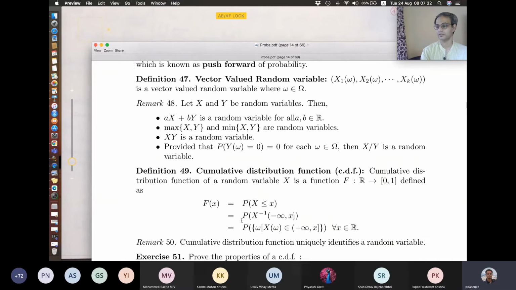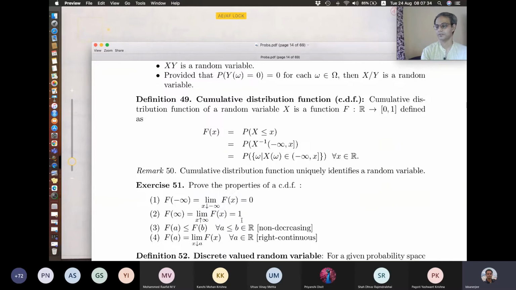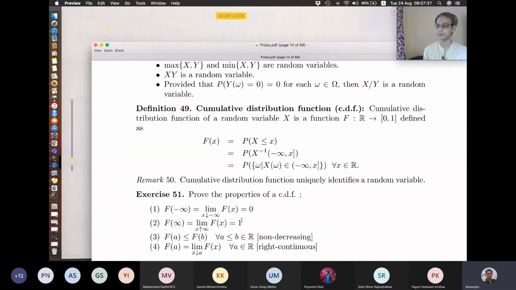And also we have introduced the cumulative distribution function, and we have studied, or just stated, their properties. The cumulative distribution function is the unique characterization of a random variable, because the input of the function random variable is an outcome of a random experiment. So what outcome will you get from a random experiment? It is not known in advance by definition.